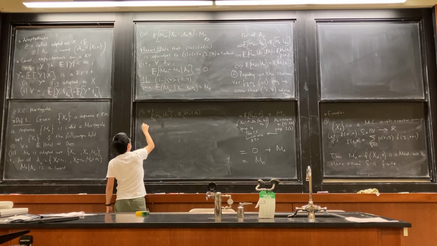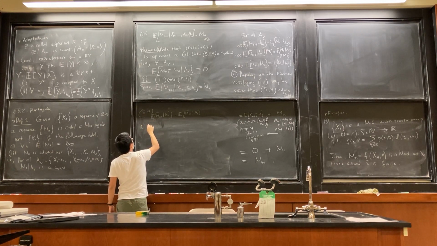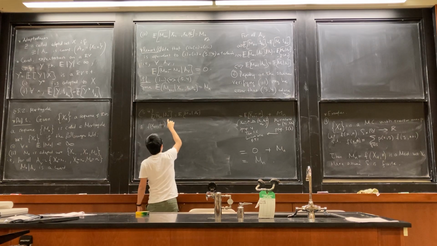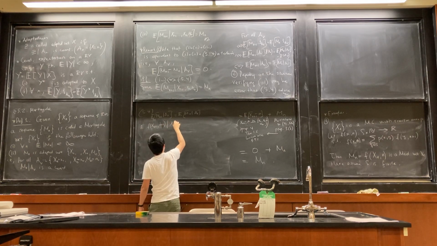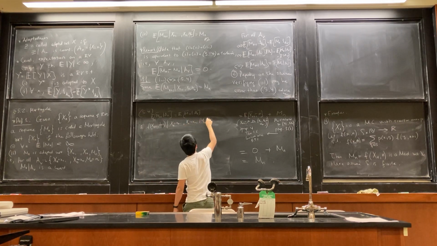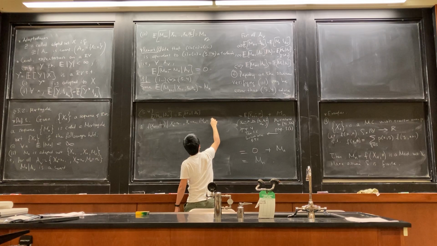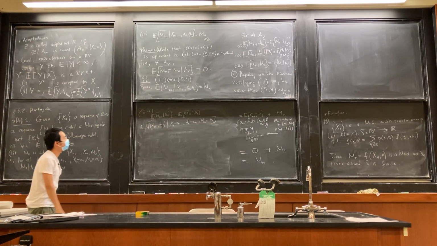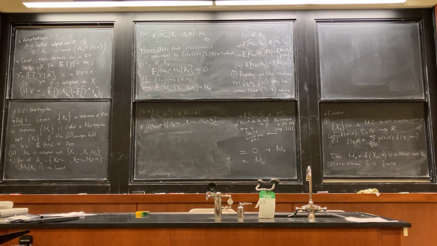This is the expected value of f of X n+1 plus 1, conditioned on A, B, that means X n is little x n, X 0 is little x 0, and M 0 is little m 0.